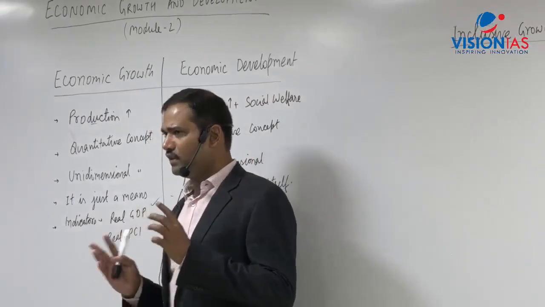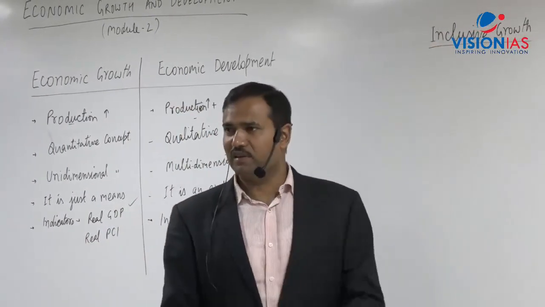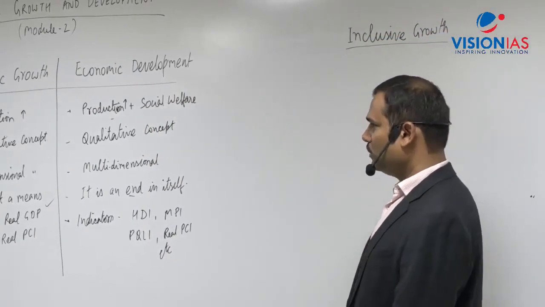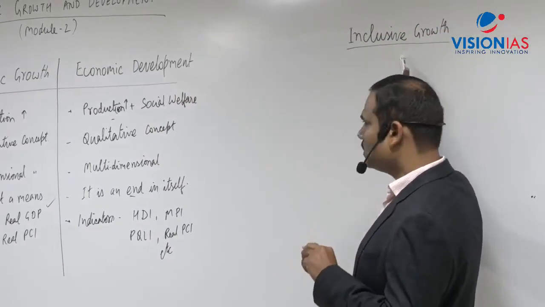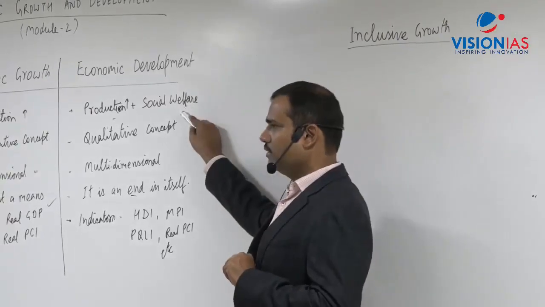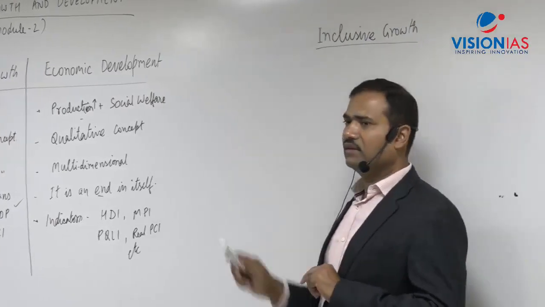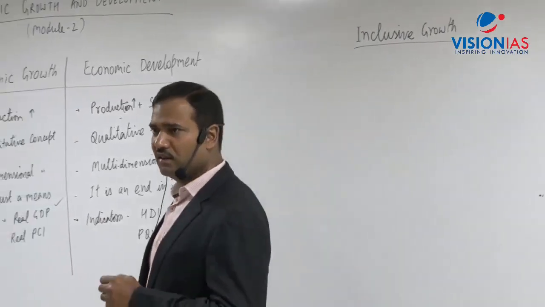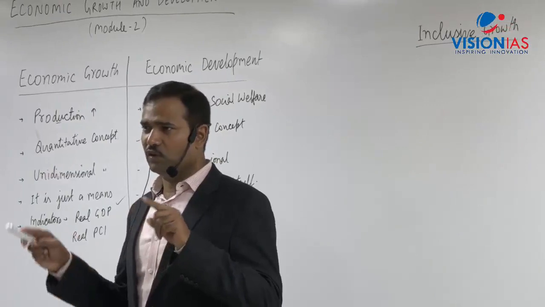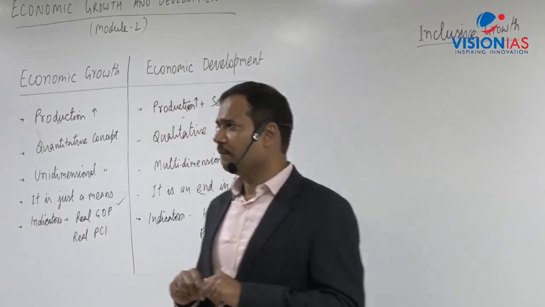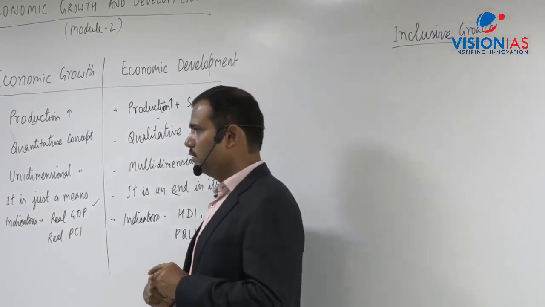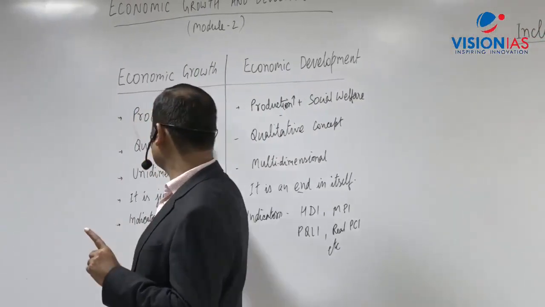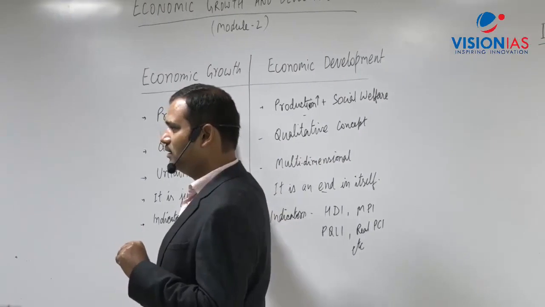So what is the difference between inclusive growth and economic development? Can you tell me the difference? Or same? Inclusive growth is the aim of economic development. Economic growth which is percolating. So you mean to say it is more close to economic growth?